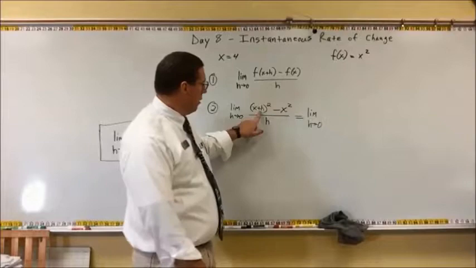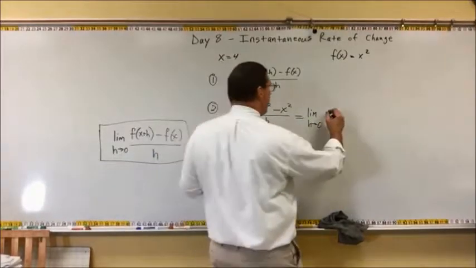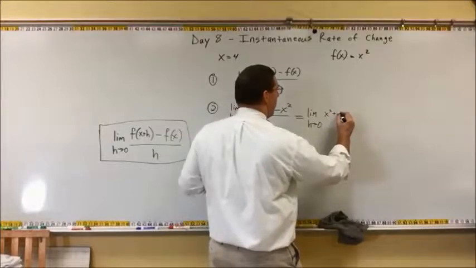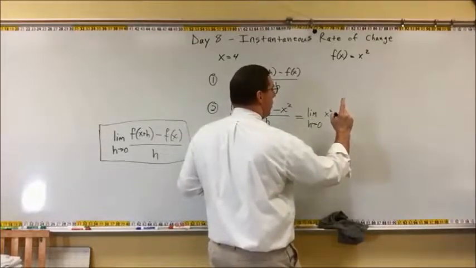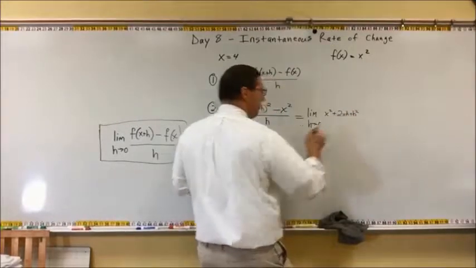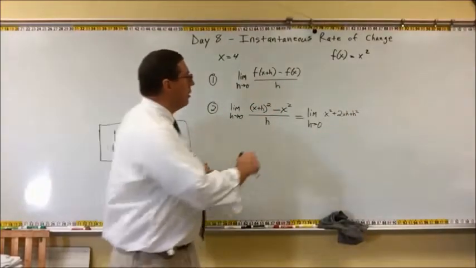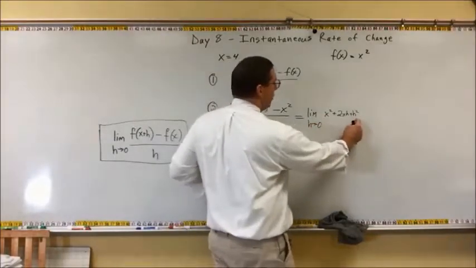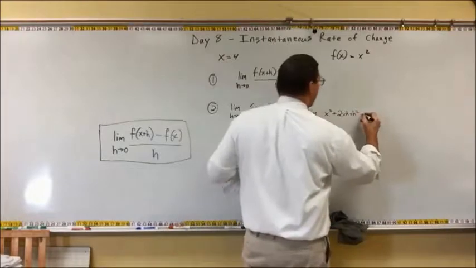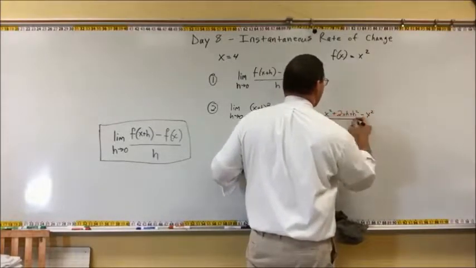It's going to expand into x squared plus 2xh plus h squared. Very good. All right, so we do the binomial expansion here, right? So we got this. Now what do we put on? Minus x squared. That's correct.